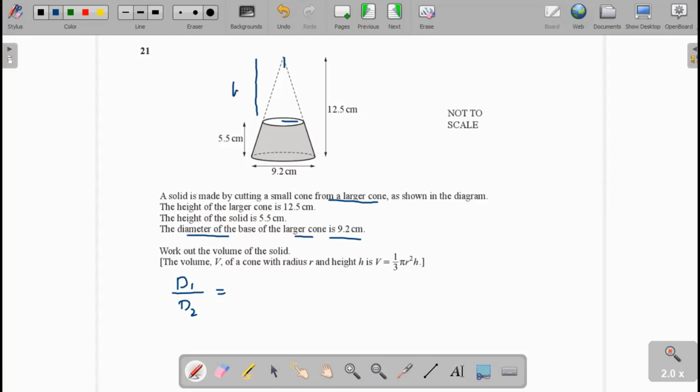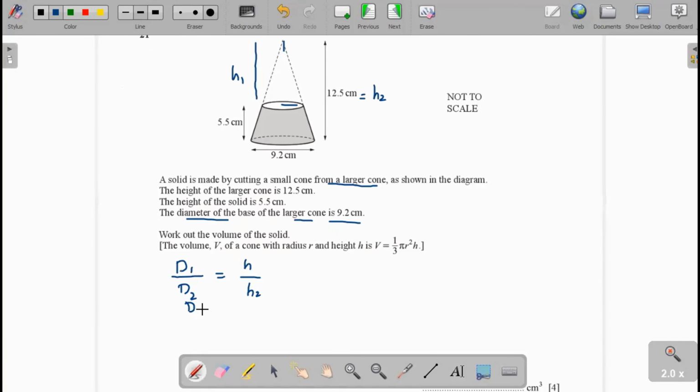This is the height of the smaller cone and this is the height of the larger cone. Now we name it H2 and this is H1. Now we substitute the values. Diameter of the smaller is D1 and diameter of the larger cone is 9.2.